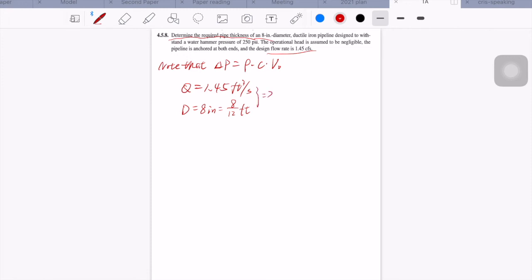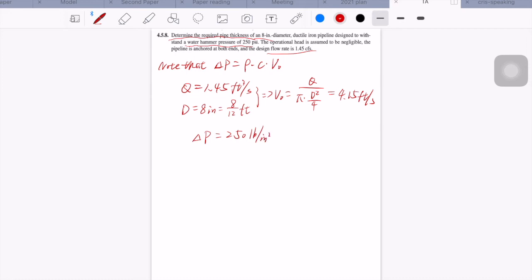So we can determine the velocity equals Q divided by pi times D squared over 4. So the velocity equals 4.15 feet per second.